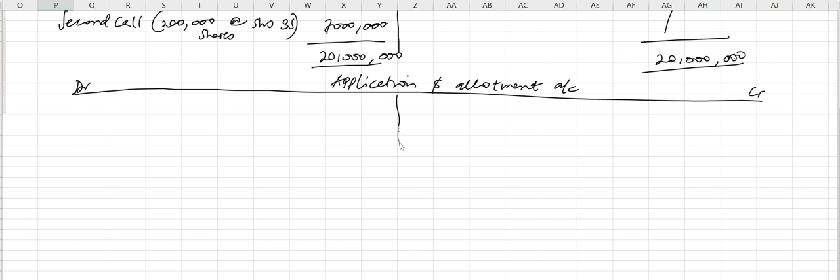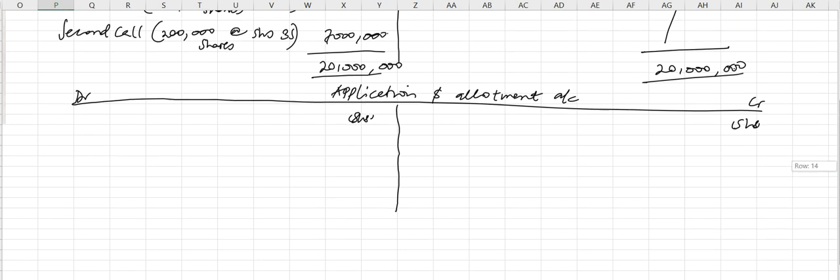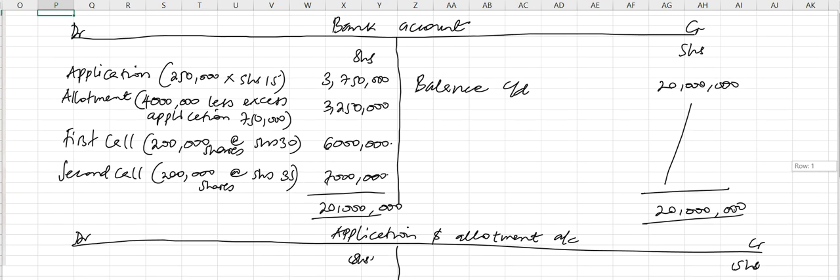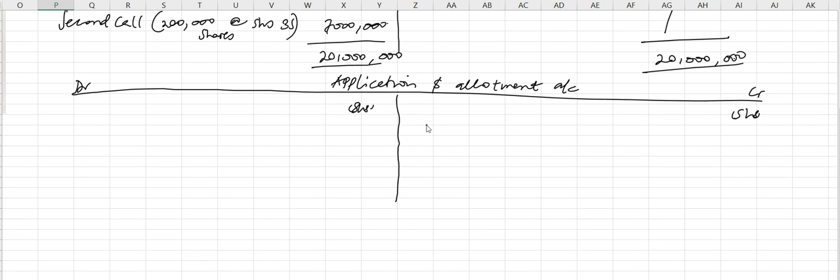You may find an application account and then the allotment account. Here I've combined them. So you just complete double entry here. You see your bank account has been debited with the application money received and allotment money received. Come and credit this account with the monies.